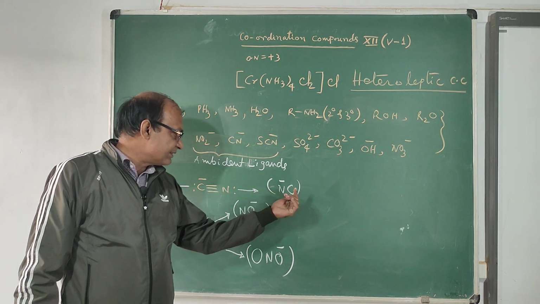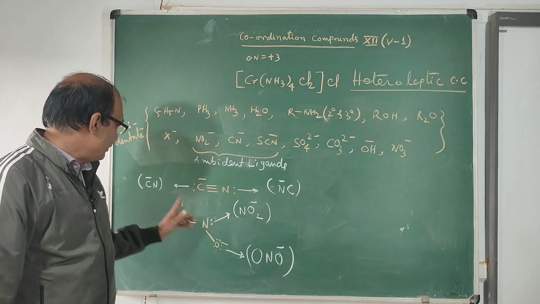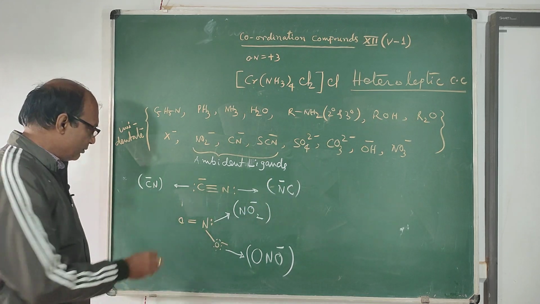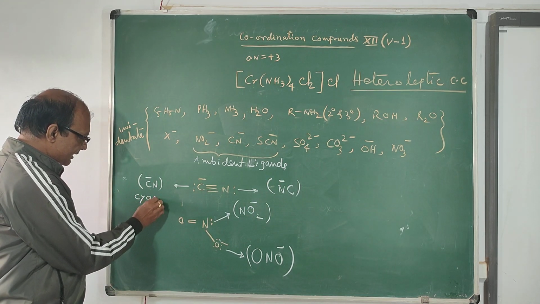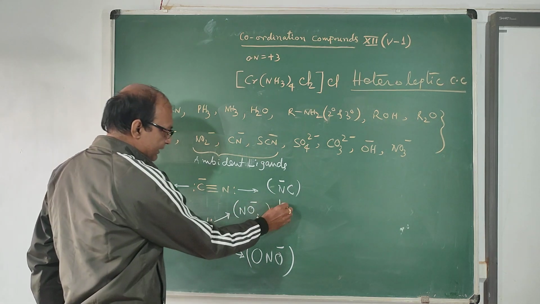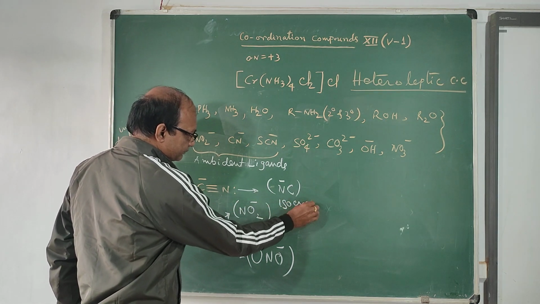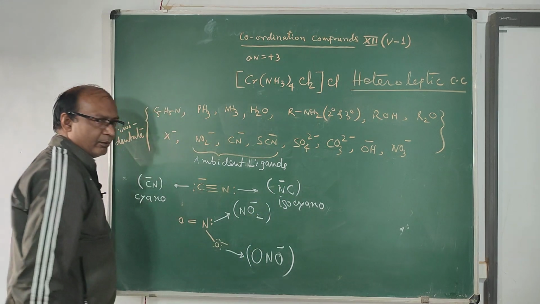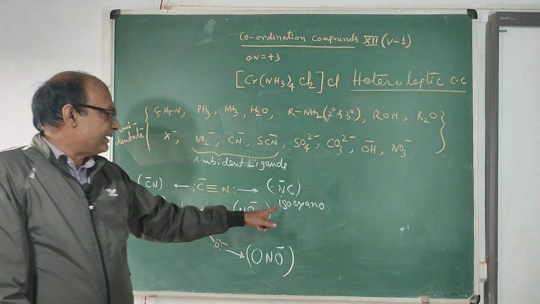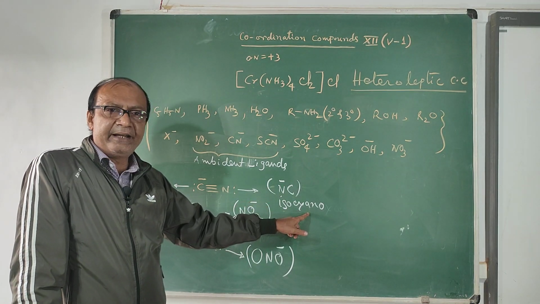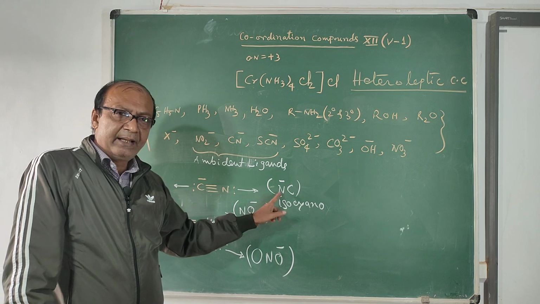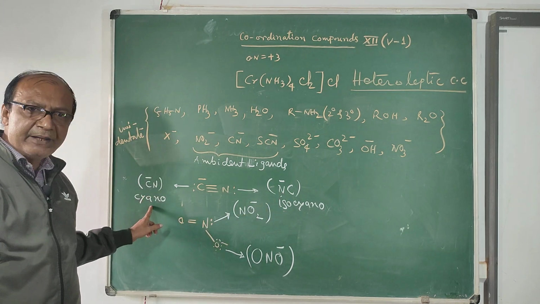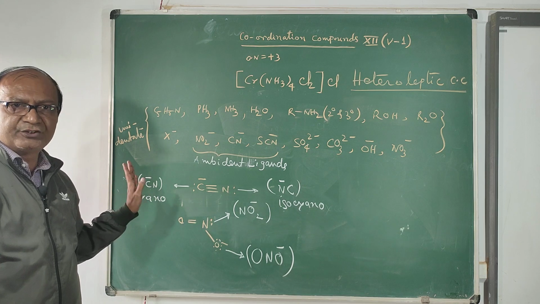When it is NC minus, it is isocyano. When it is CN minus, it is cyano. So from the name it is clear. If I say isocyano, the bonding takes place through the nitrogen side. If I say cyano, the bonding takes place through the carbon side.